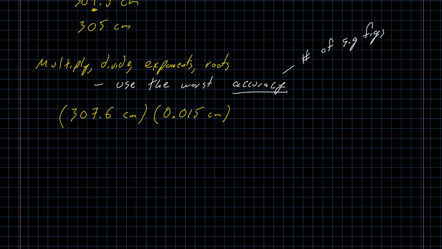Well, 307.6 has 1, 2, 3, 4 significant figures. 0.015 has 2 significant figures. Remember, the leading zeros in a decimal number are not significant. Between these, the worst case is the 2 significant figures.